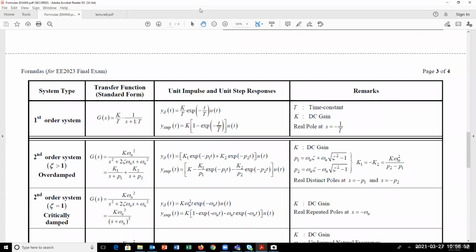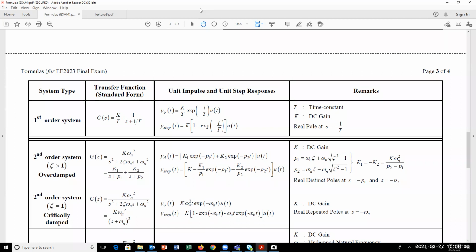Oh sorry, this is the first order. y(t) will be K1 e to the minus P1 t, plus K2 e to the minus P2 t, where P1 is zeta omega n plus omega n square root of zeta squared minus 1, and P2 is zeta omega n minus omega n square root of zeta squared minus 1. So those are your P1 and your P2.